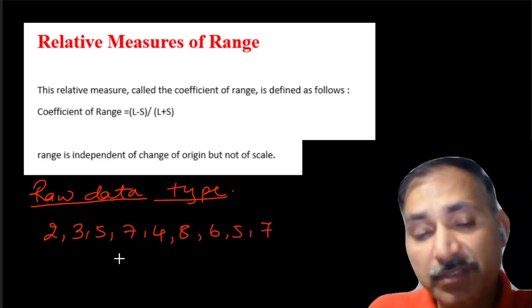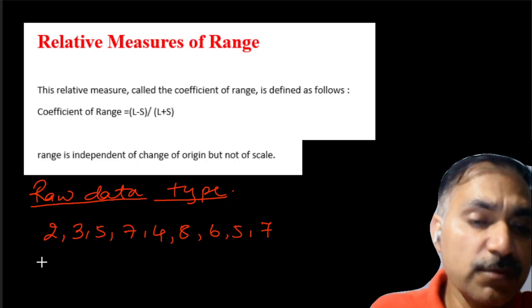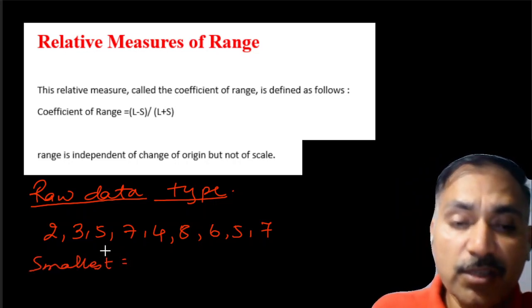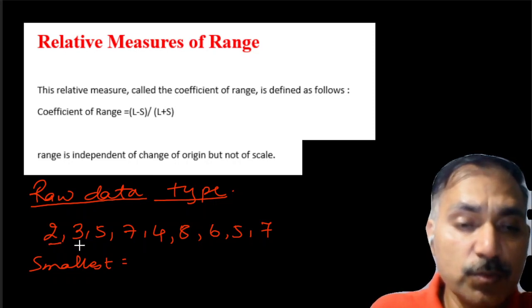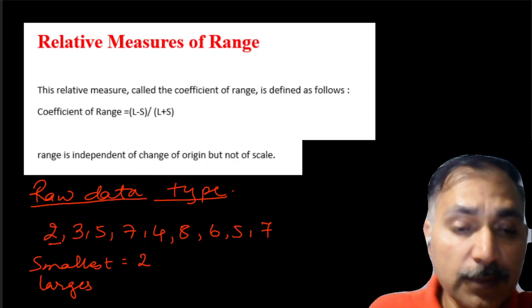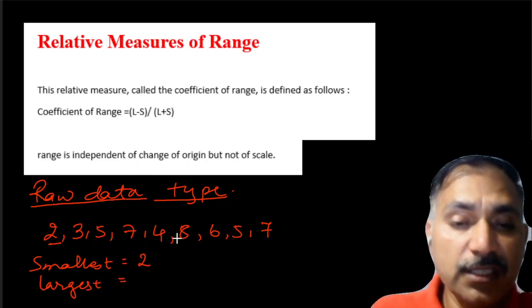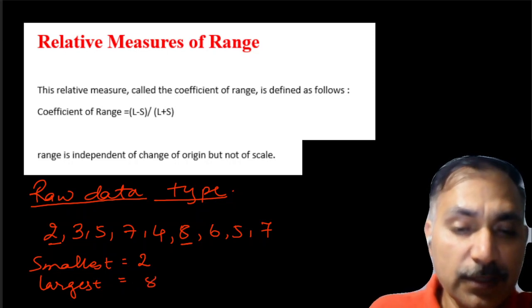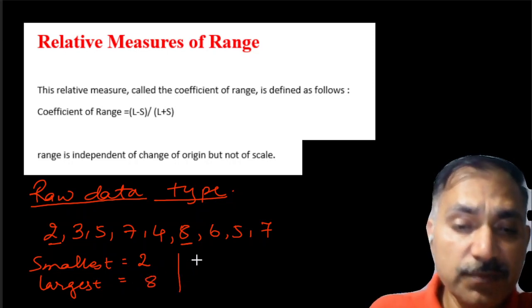Suppose these are the numbers given to you. So what is the smallest value here? The smallest observation is 2, and the largest observation is 8. Now we have to find the range.